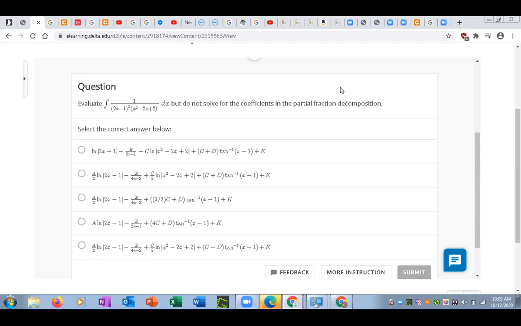Okay, so this one is kind of weird in that we've got this funky quadratic factor, and I'm guessing that's where the C and the D gave you troubles.